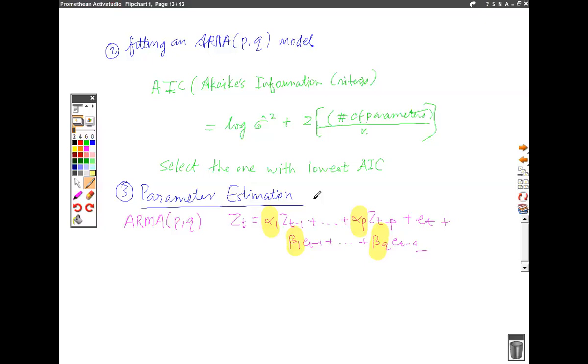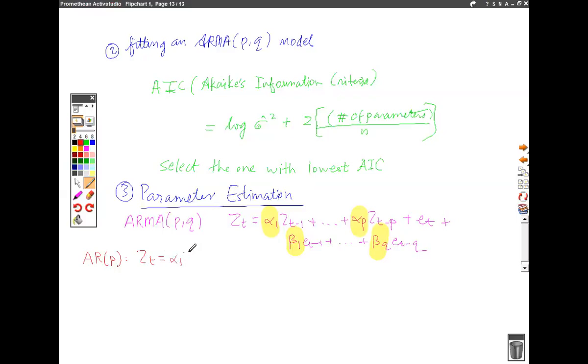But if you have errors which are normally distributed, then they will have the same answers for the estimated parameters. So I think we are all already aware of what happens if you, let's say, only have an AR model. So let's say to start off with, I have an AR(P) model.